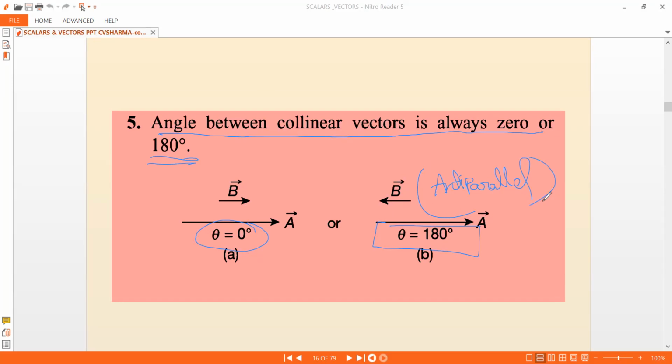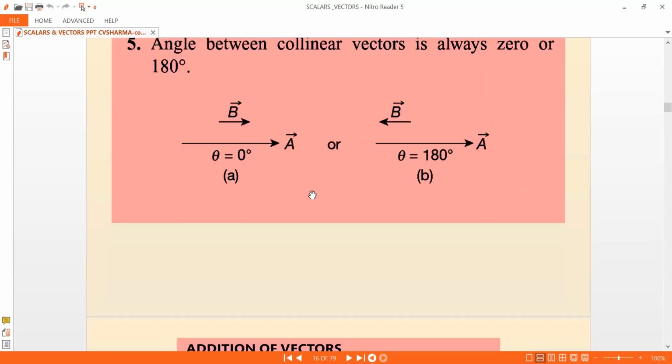Anti-parallel means they are opposite to each other and they are parallel. So when you have a parallel situation of vectors, theta is 0, and theta is 180 when you have anti-parallel.